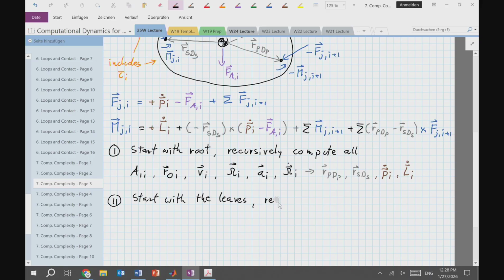And recursively compute all Fji and Mji.